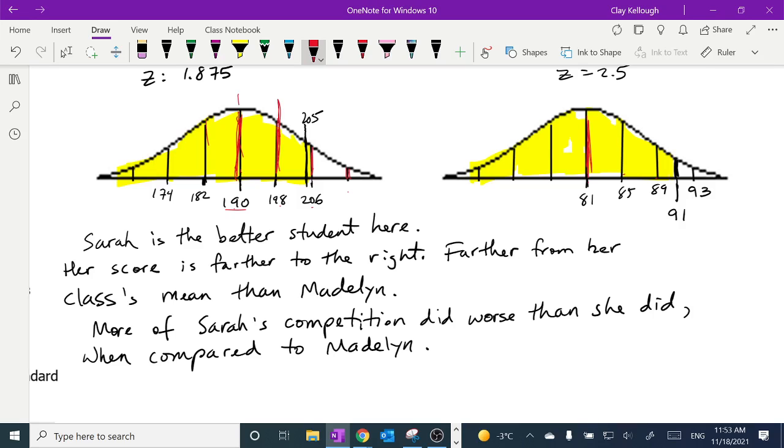So if you landed right on this line with your score, 50 plus 34, you just beat 84% of your classmates. If you go to here, what's 84 plus another 13.5? You just beat 97.5% if you made it to this line. But she didn't quite make it to that line.